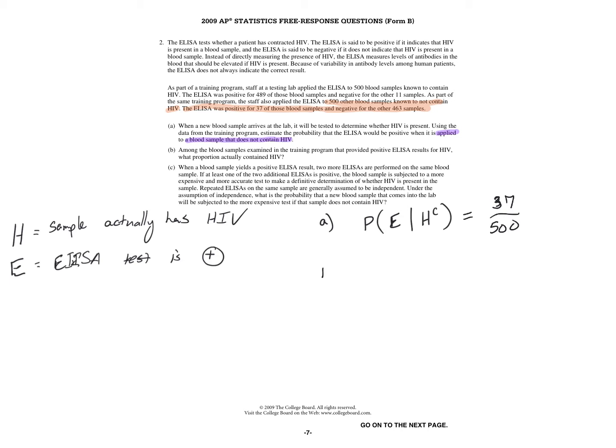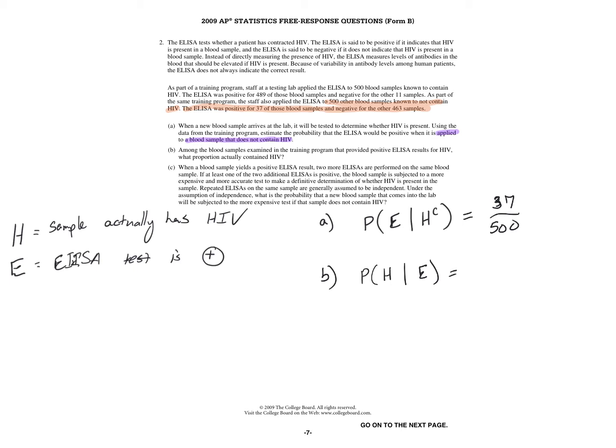Okay. B, among the blood samples examined in the training program that provided positive ELISA results for HIV, what proportion actually contained HIV? So we're here asking for sort of this reverse, the probability of HIV given that the ELISA test was positive. The really nice thing here is that there are 500 samples of each, so there's nothing too complicated in this situation.